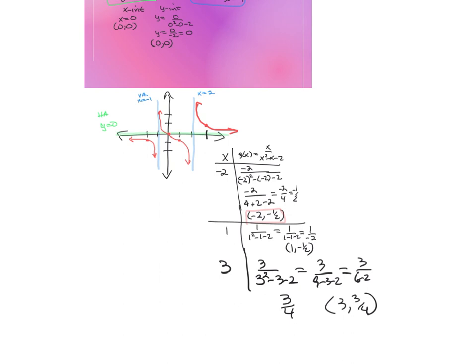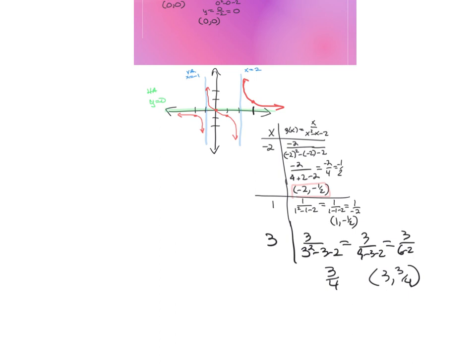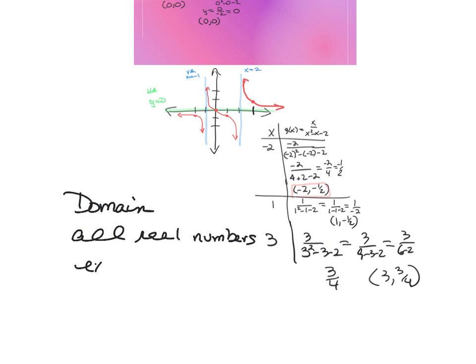Let's try the next example. Let's do the domain. So this one's got 2 numbers that I have to exclude. So my domain here would be all real numbers except when x equals -1 and when x equals +2. That's where my blue lines are.